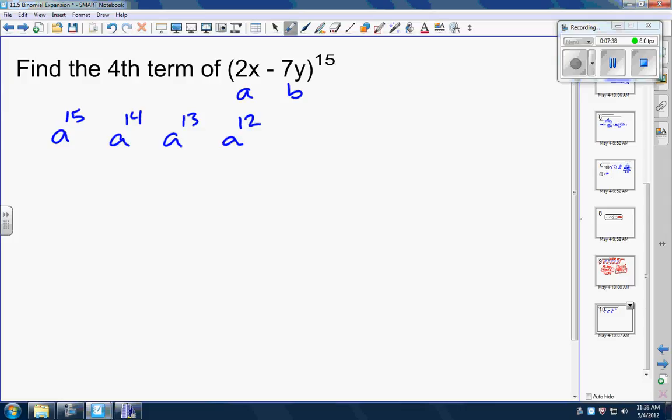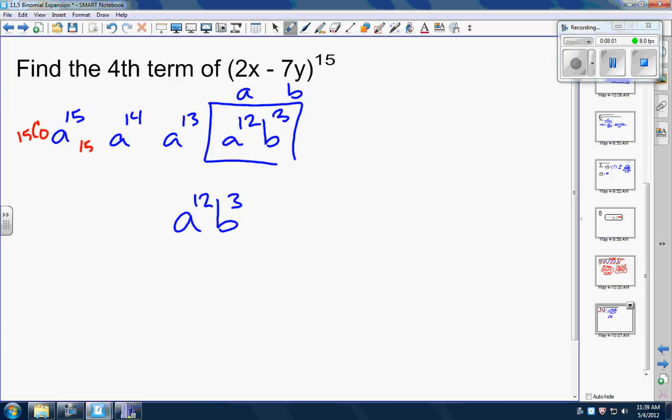Okay, so I found my 4th term. I know it's an A to the 12th. So how many B's does it have to have? It's got to have 3 of them, so they add up to 15. Now, the only problem is I need a coefficient in front of it because I don't have a triangle. So this would be 15 choose 0, 15 choose 1, 15 choose 2.